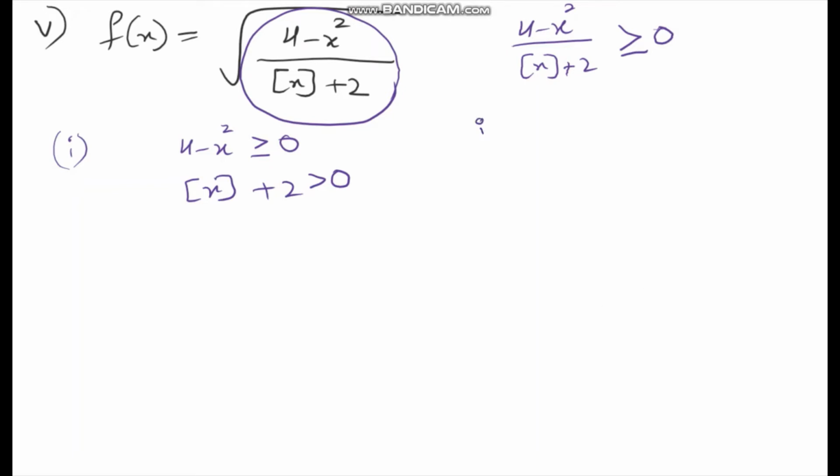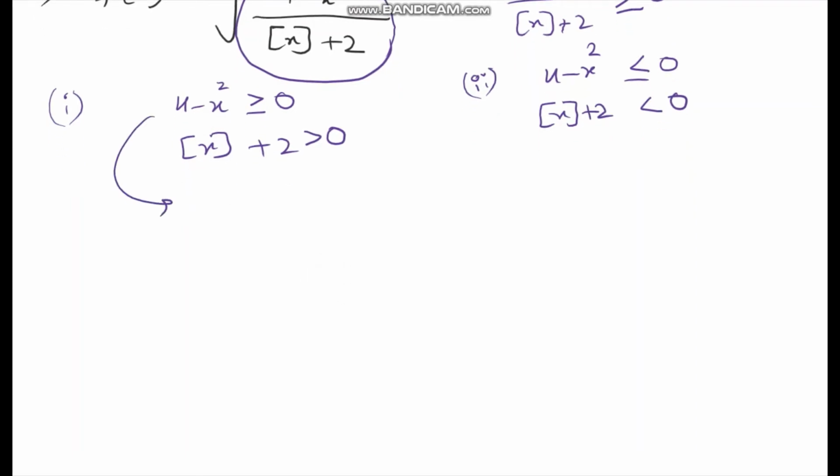And similarly, the second case is 4 minus x square can be less than or equal to 0 and my denominator step x plus 2 will also be less than 0. If we solve these two conditions, we will get the domain.